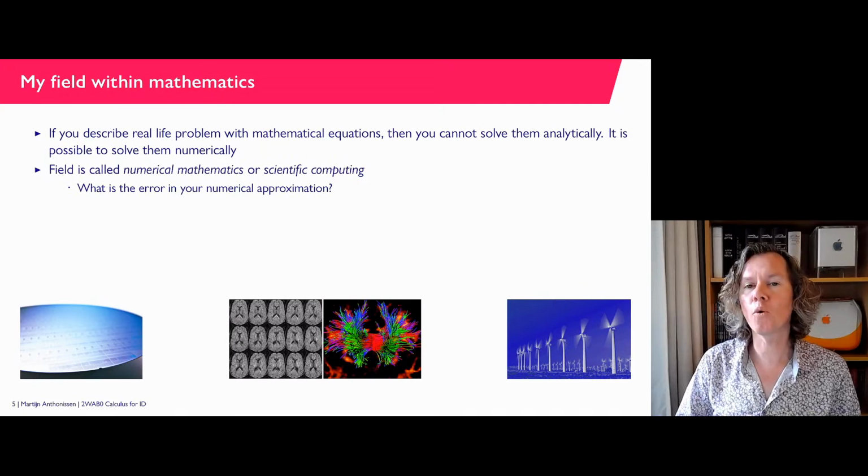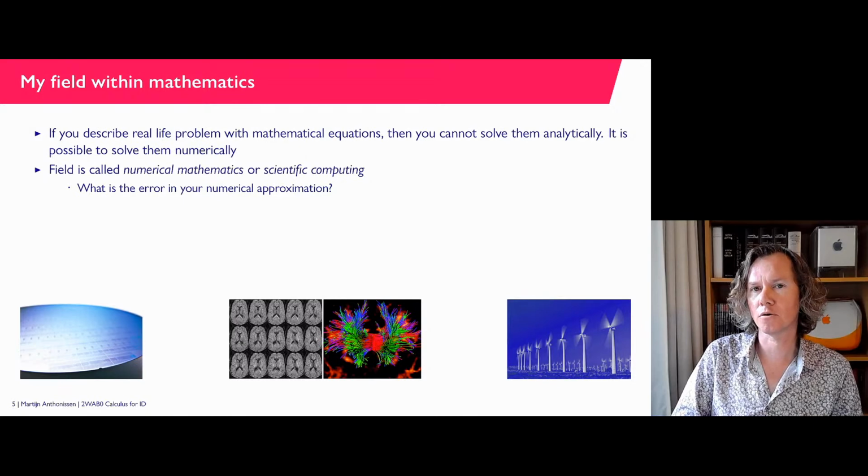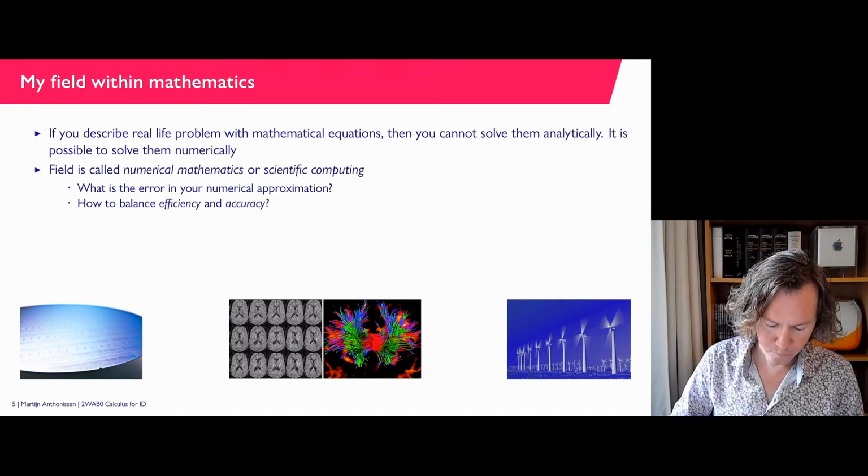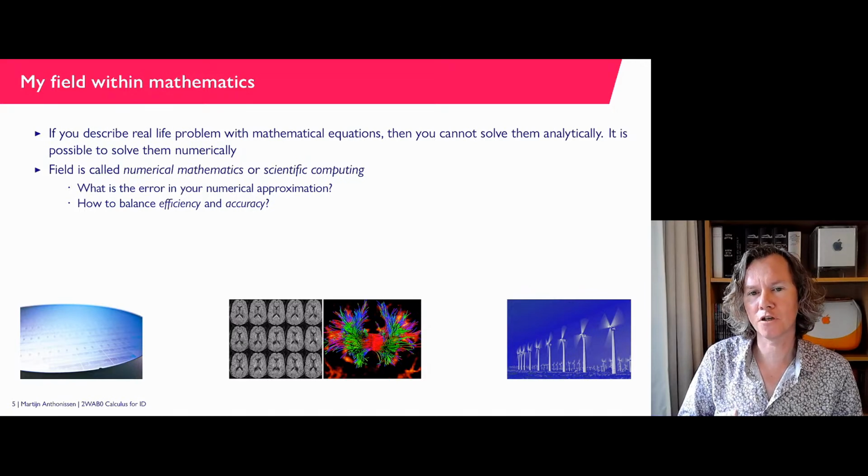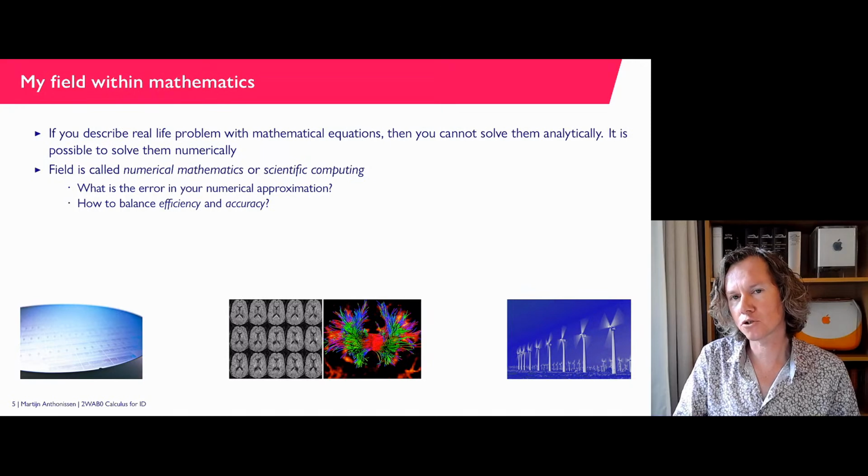And the typical questions that we are dealing with is, if we make errors, can we say anything about those errors? Can we say, well, our numerical approximation is such and so accurate? Also, you can probably imagine that if you invest a lot of computational effort, then you can get a very accurate solution.